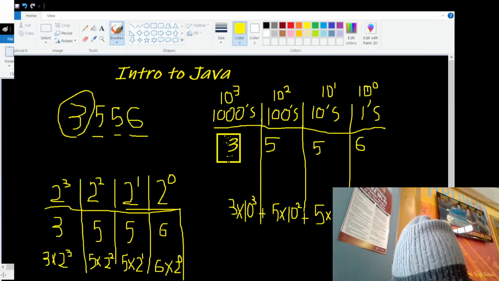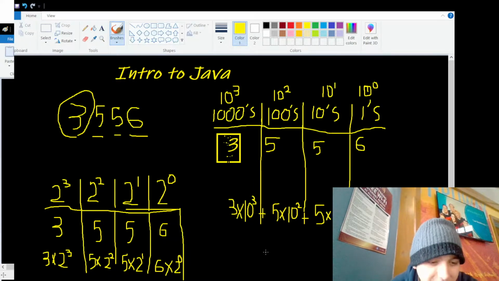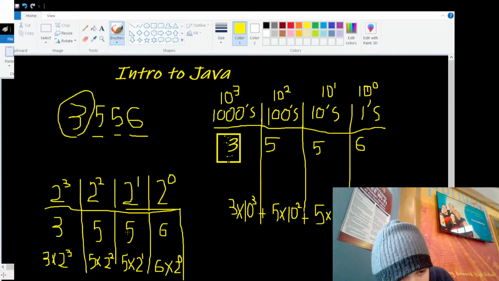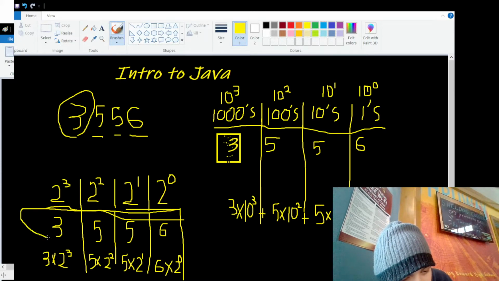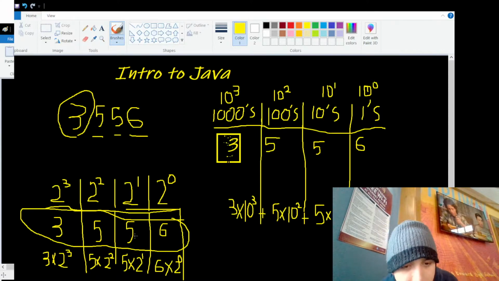If you were to just add it up, that would turn into some kind of answer. But here's actually the problem: these numbers are a base 10 system. So it doesn't work. You can't actually do it.